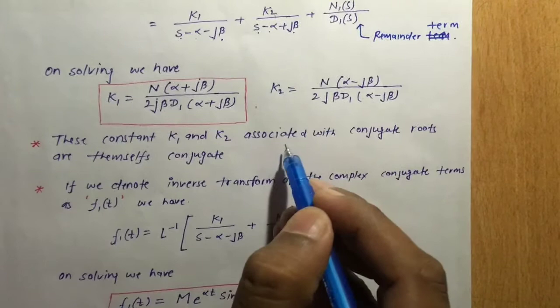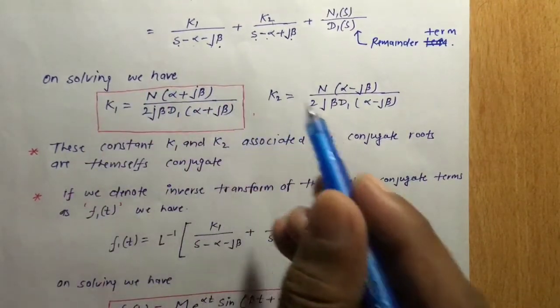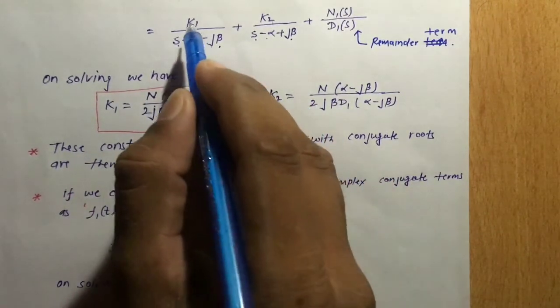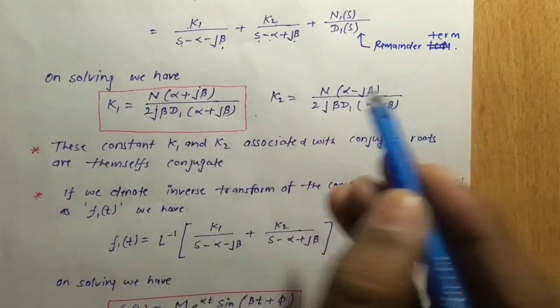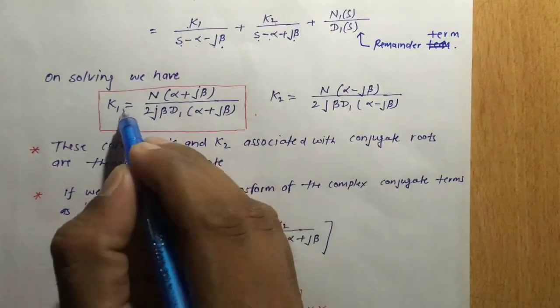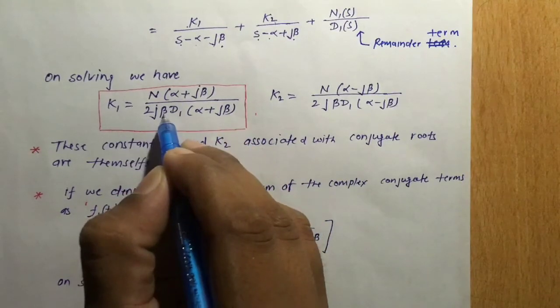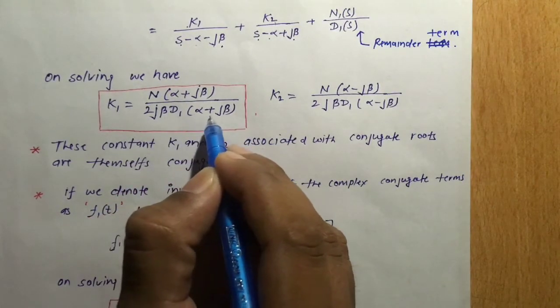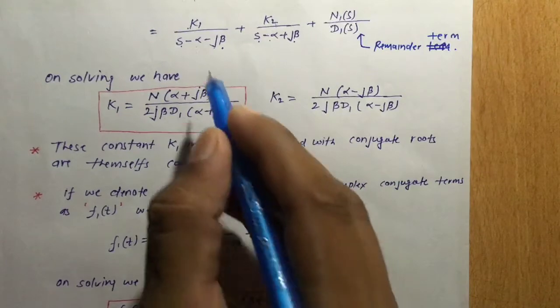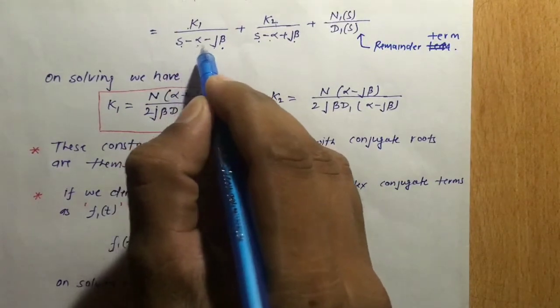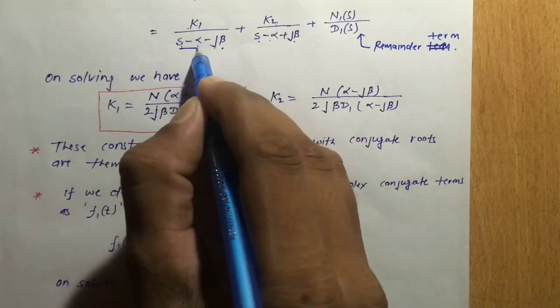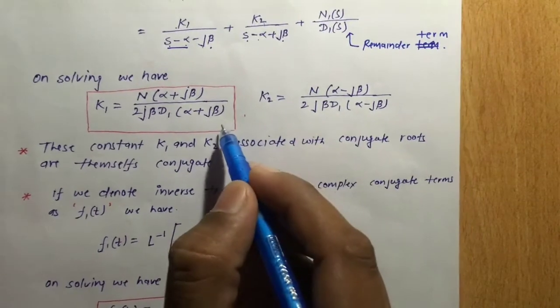Now, on solving, we have to find K1 as well as K2. K1 can be defined as N(s) by 2j beta into D1(s), where s equals the first root, s equals alpha plus j beta, a root of this equation.